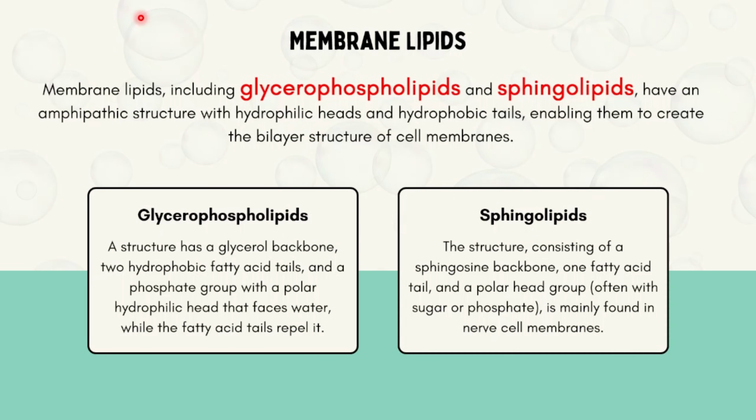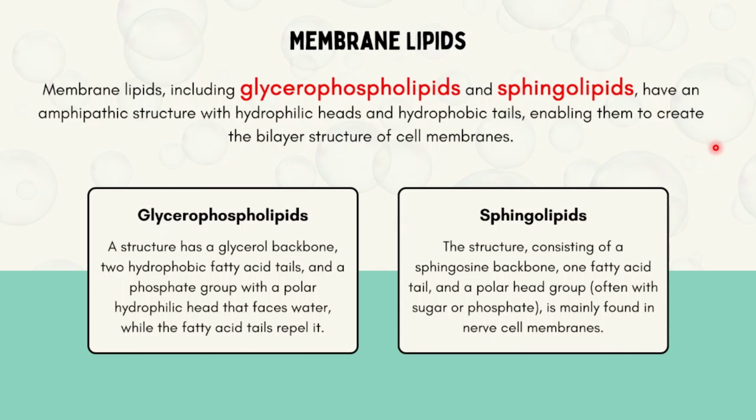So next we move to glycerophospholipids and sphingolipids, both of which are part of the membrane. So we also classify both of them together as membrane lipids. Now these have an amphipathic structure with a hydrophilic head and a hydrophobic tail, enabling them to create the bilayer structure of cell membranes.